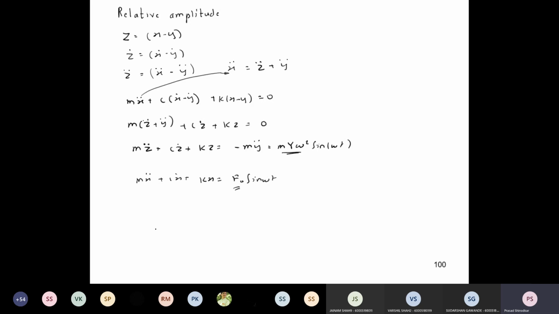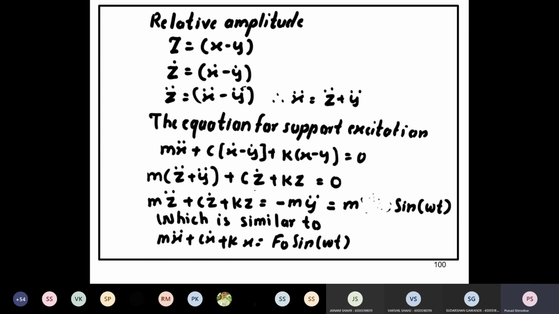Earlier I derived the expression for steady state amplitude, but that was in terms of absolute amplitude. Now we will derive the expression for steady state relative amplitude using this equation. Here f0 is m omega square capital Y sine omega t.